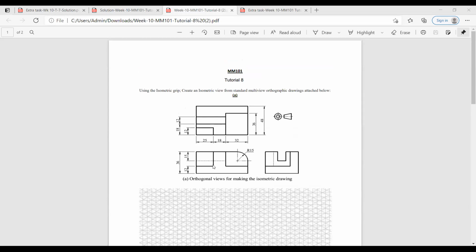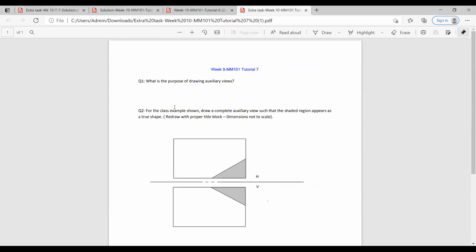So our tutorial this week, we are looking at both isometric and auxiliary views. So the second part to our question is given here. I want to ask all of you the purpose of drawing auxiliary views. Does anybody know the purpose for auxiliary views?